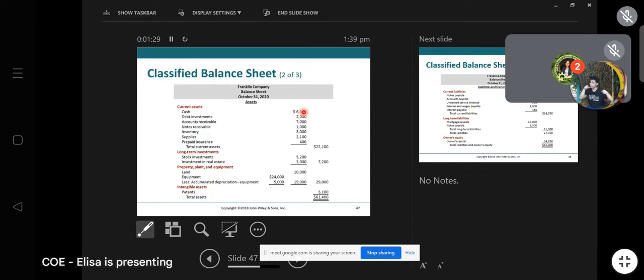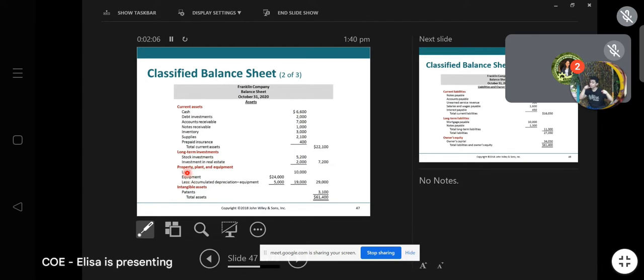Here we have the current assets: cash, debt investments, accounts receivable, notes receivable, inventory, supplies, and prepaid insurance. Then total current assets. After current assets, long-term investments are indented a little: stock investment, investment in real properties, then total. Then property, plant, and equipment: land, equipment, and less accumulated depreciation.